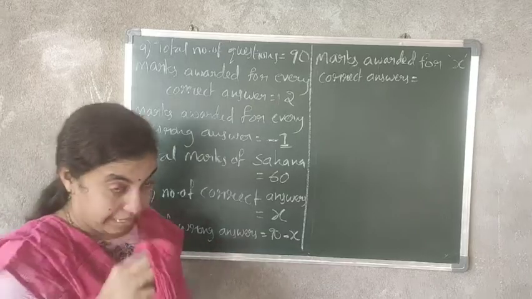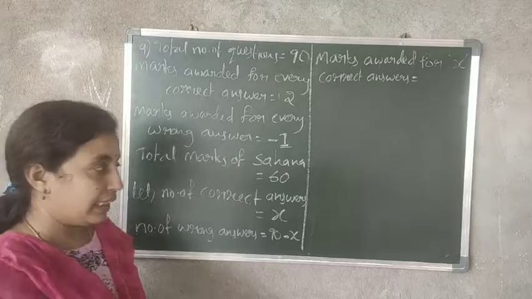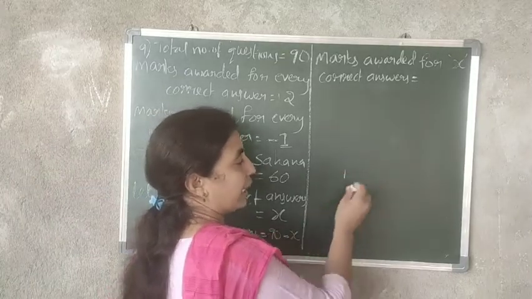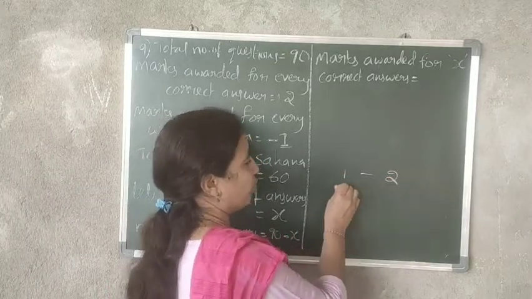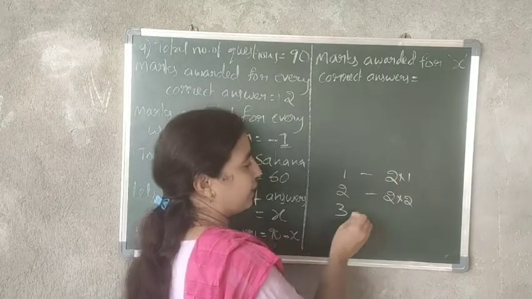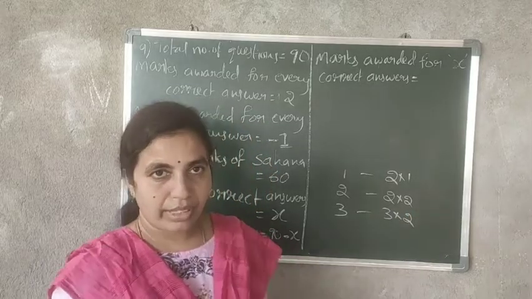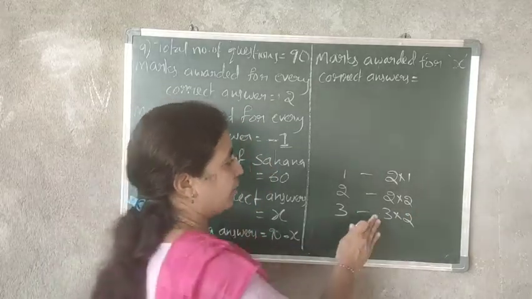For each question they have given 2 marks. Now how many questions did she write correctly? x. See here, if you have written 1 question correct, you will get 2 marks. If you have written 2 questions, you will get 2 into 2. If you have written 3 questions correct, you will get 3 into 2 marks. Each question, 2 marks.